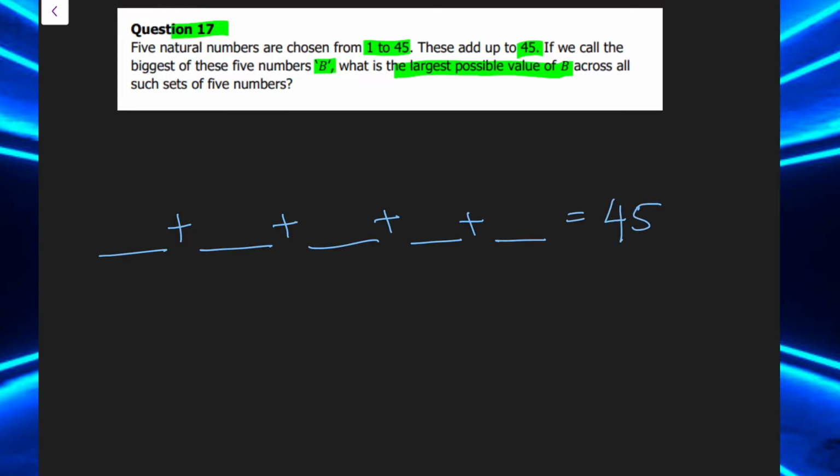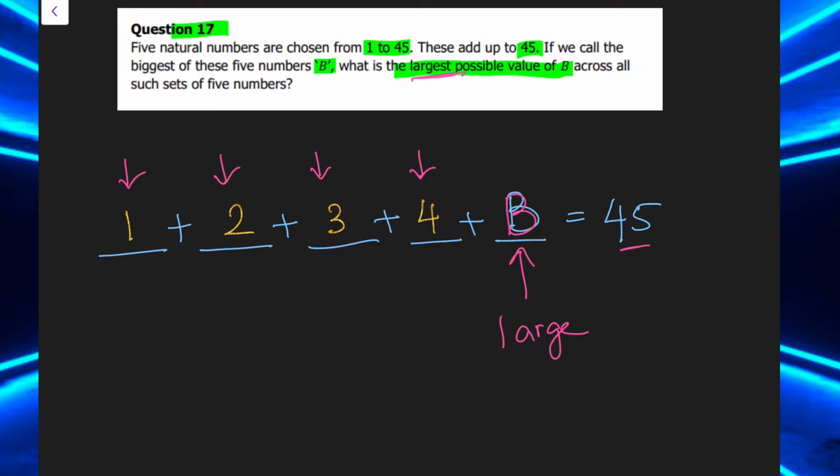The sum of them is 45. Now one of those numbers is b, and we want b to be as large as possible. Now in case we want b to be large, the sum has to remain 45. That means these places must be the smallest value possible. Since we have to choose these numbers, we can choose smallest possible values for these: 1, 2, 3, 4.